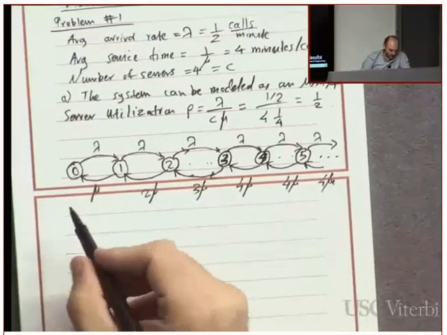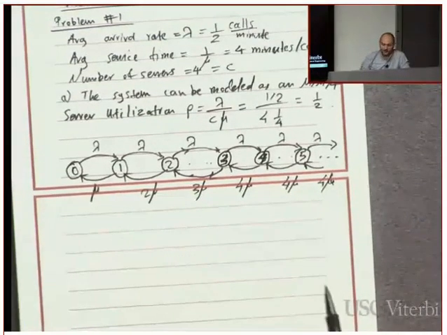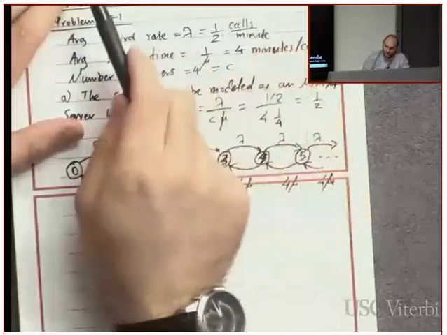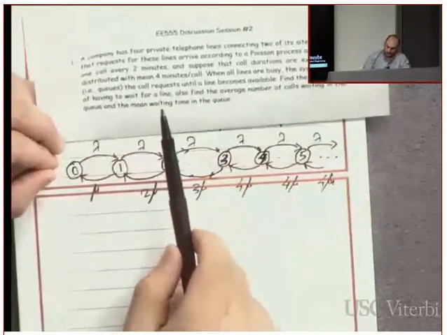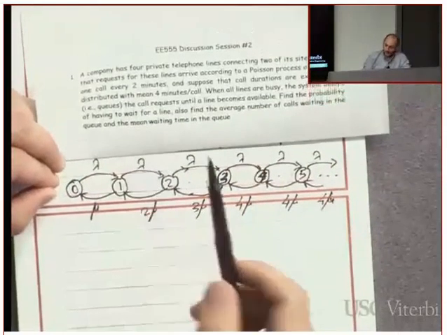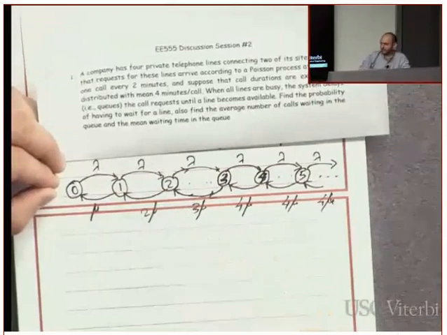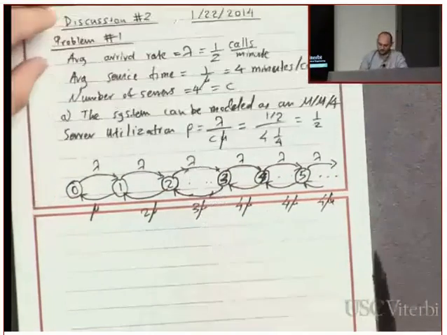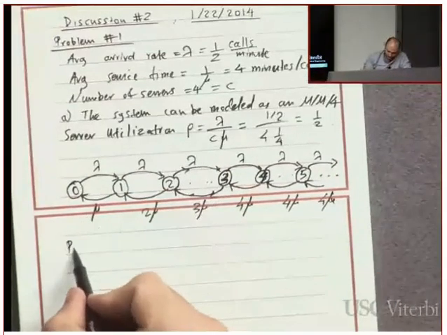Okay, so now the probability of having to wait in the line is the first question we need to answer, right? Find the probability of having to wait in the line, in the queue, for a line to be available, and that's the first thing we need to find.